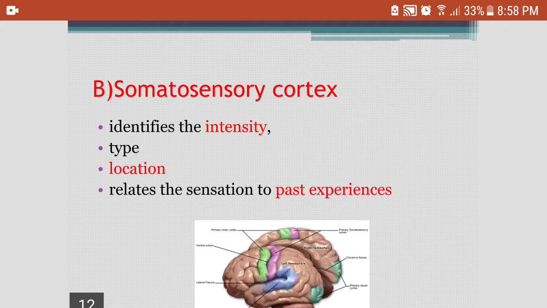The somatosensory cortex's job is to identify the intensity, the type, and the location of the pain, and it also relates it to past experiences.